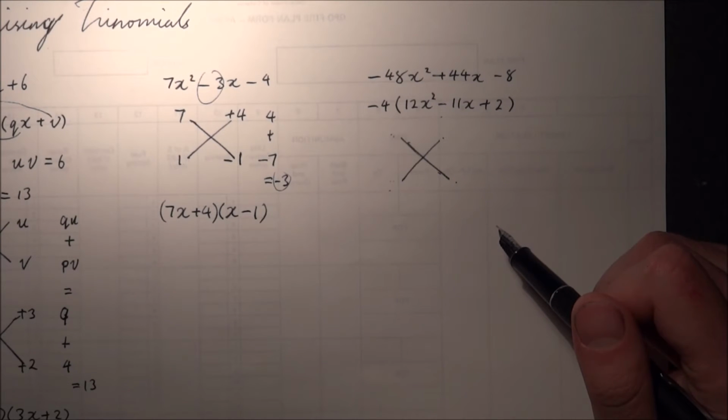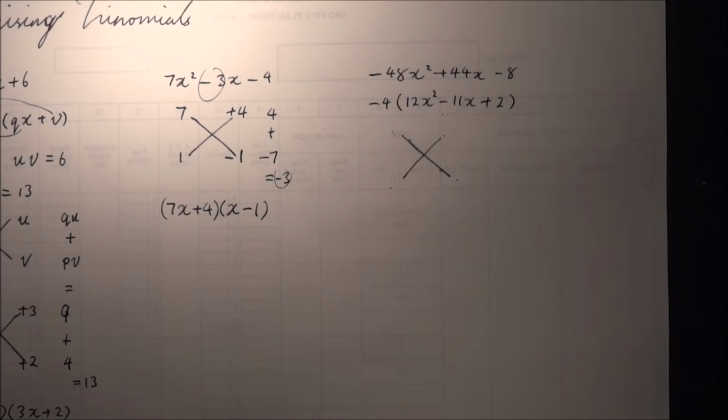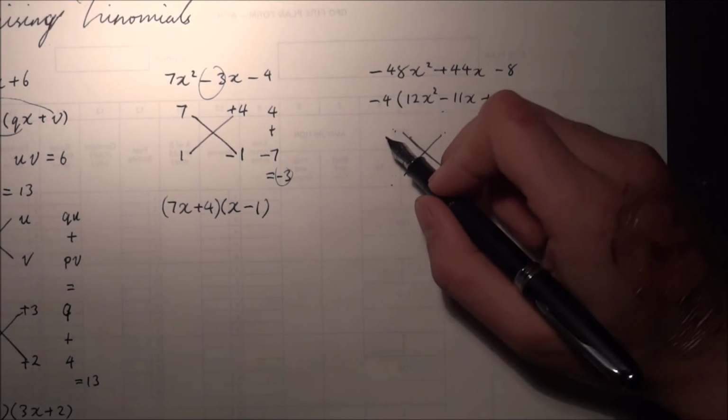Well, this is the tricky part because 12 actually has quite a few factors. So 1 and 12, 3 and 4, 2 and 6, and so on. So what we can do is trial and error. Let's try the first one, 2 and 6.